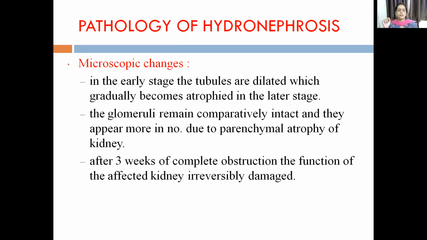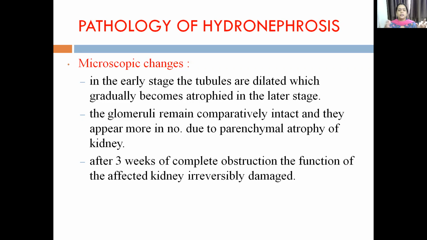So what are the microscopic changes? In the early stage the tubules are dilated, obviously. Then as they dilate, they lose function, and thus the tubules get atrophied because they are not actually functioning.